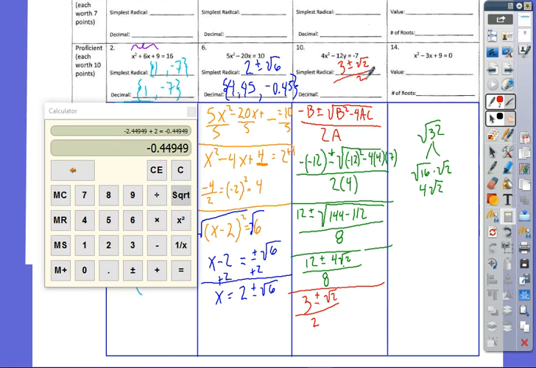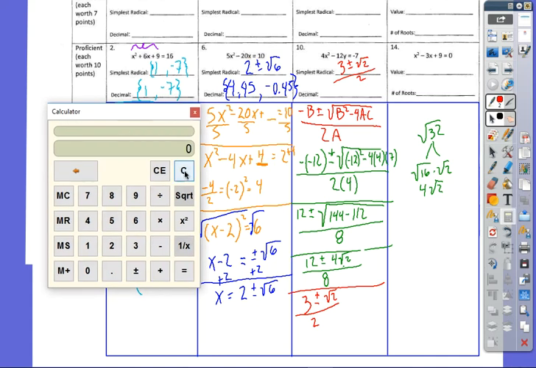Now for the decimal equivalent, I will pull up my calculator. I will find the square root of 2, and I'm going to add it to 3, and then divide it by 2. I get 2.21.